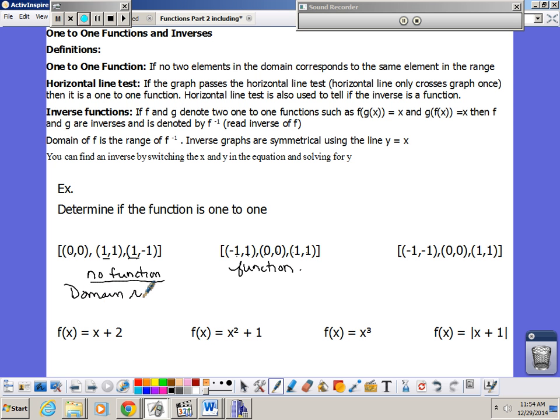Domain repeats. Range repeats. Negative 1, 0, 1, negative 1, 0, 1. Neither the domain nor the range repeats, so it's called a one-to-one function. Domain and range do not repeat.